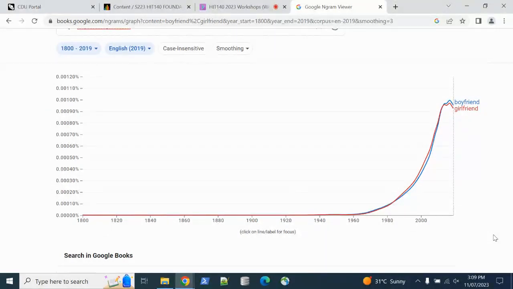It's a relatively new term, if you want to put it that way. Before the 1960s, people didn't use the term boyfriend or girlfriend. Probably they called this something else, or maybe there was no concept of boyfriend and girlfriend. I don't know. Could be matches made by parents and so on, right?